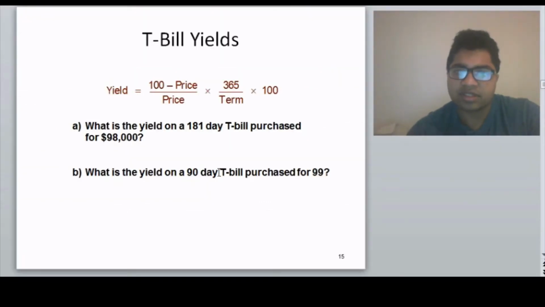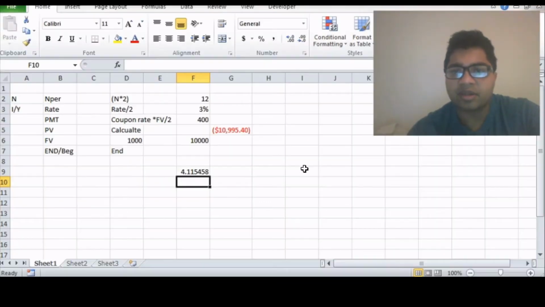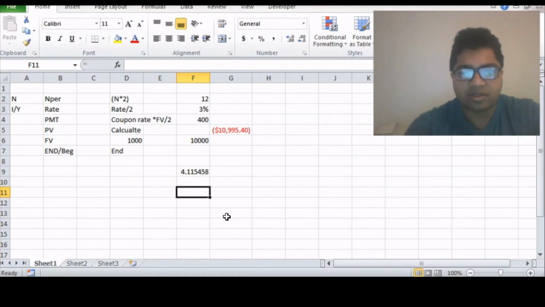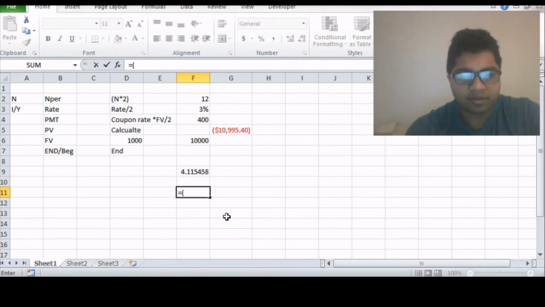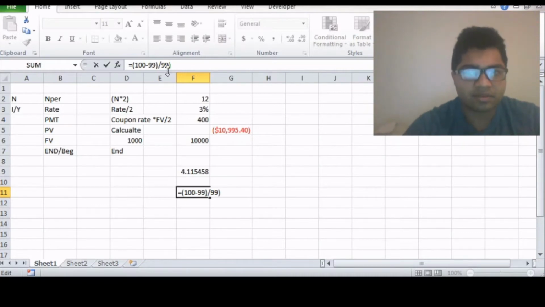The second is what is the yield on a 90-day T-bill purchased for 99. So in this formula it will be (100 minus 99) divided by 99. I'm putting the brackets.